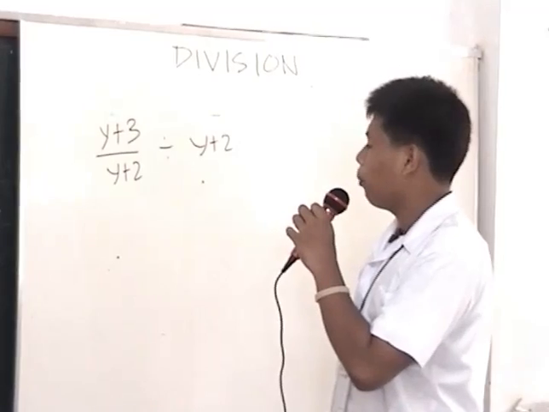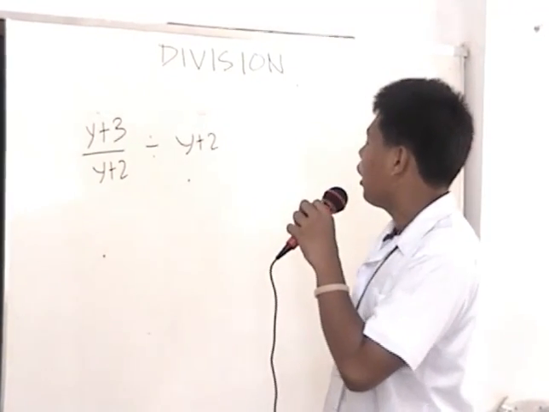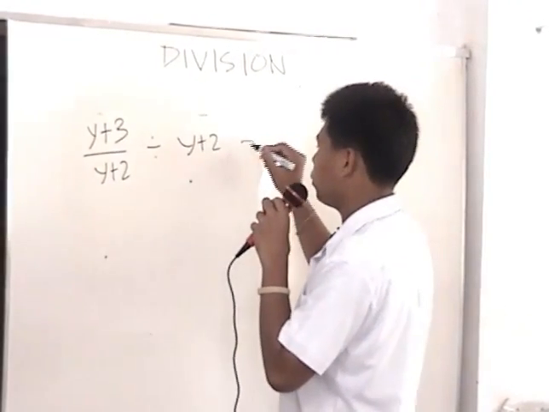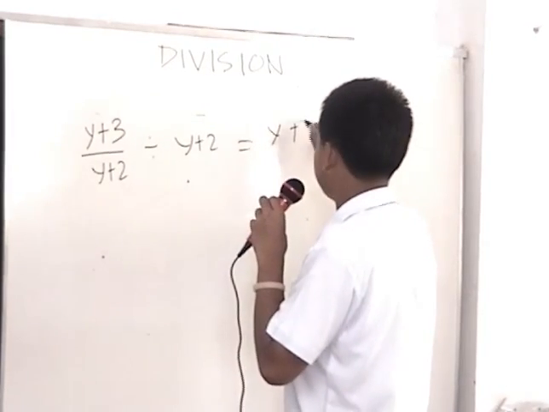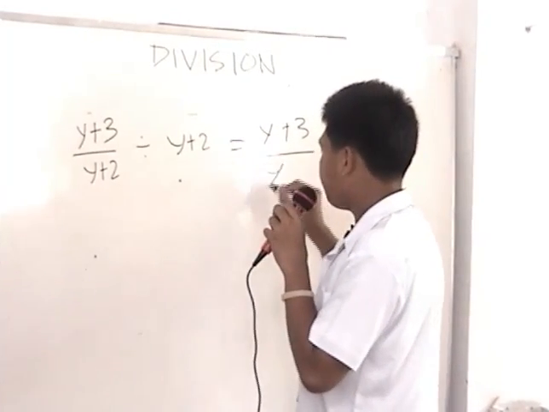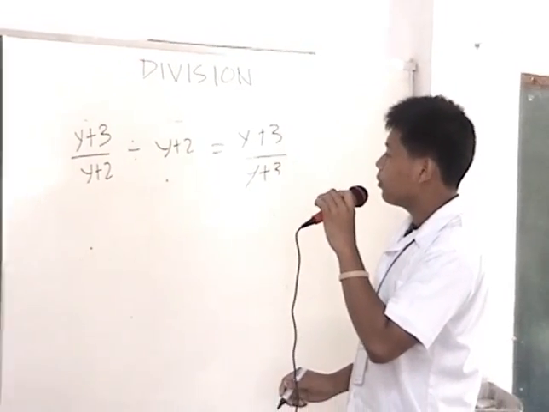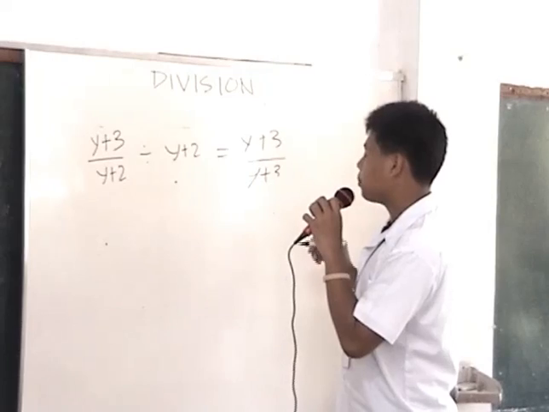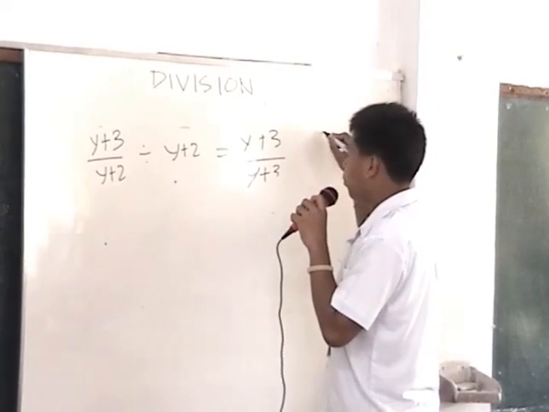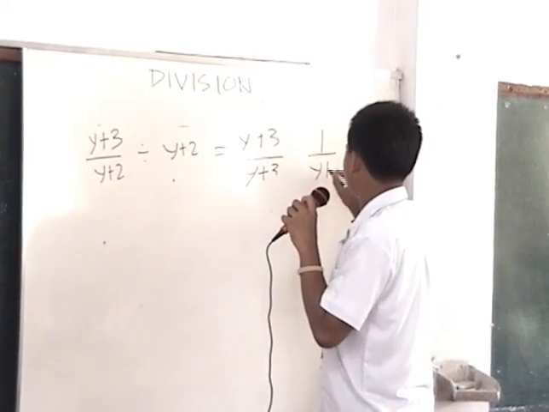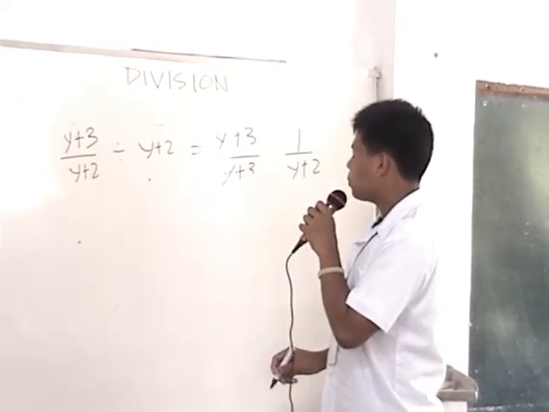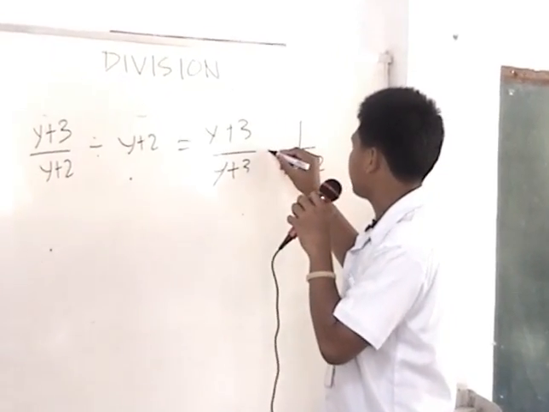y plus 3 over y plus 2 divided by y plus 2 is equal to y plus 3 over y plus 2 and the reciprocal of the second expression, which is 1 over y plus 2. Let's proceed in the multiplication process.